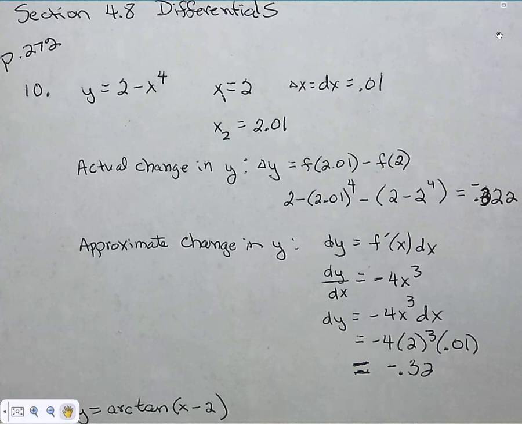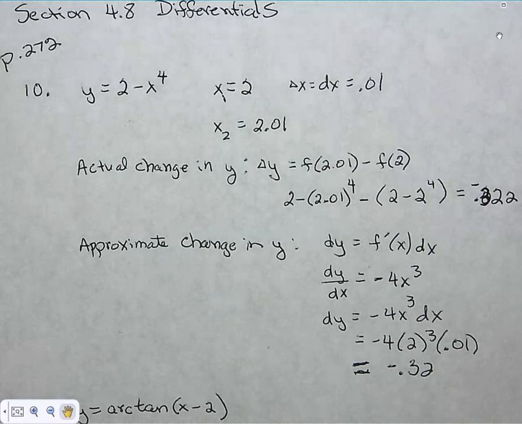We found both of them and said, yeah, they're very close. That's all that number 10 said. Whatever we just did, and actually all of numbers 11 through 24, say find the differential, and that's all there is to it. All right, real quickly, we only have 11 minutes to do a couple of word problems.